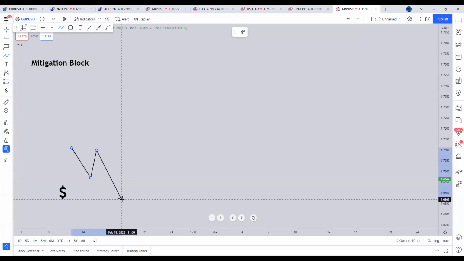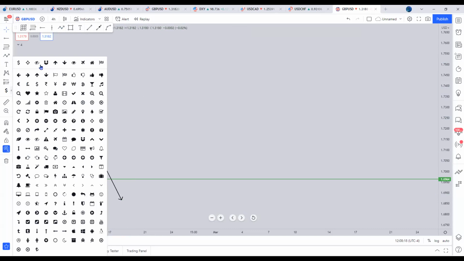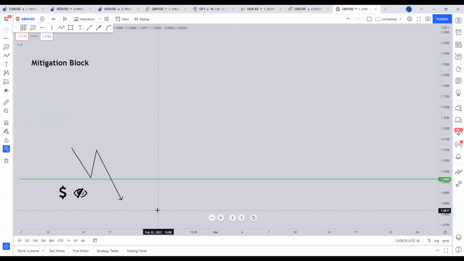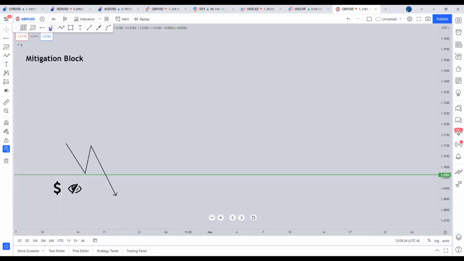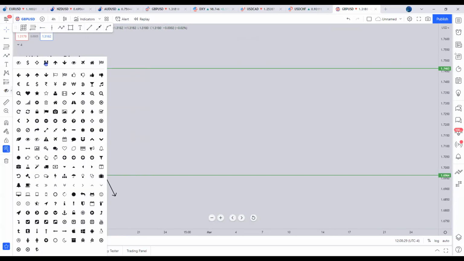So at this point, price has taken liquidity. There's no liquidity left here, meaning now price has to seek a buy side target. So let's assume price has a buy side target all the way up here.